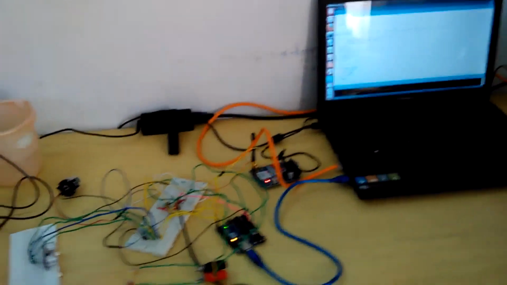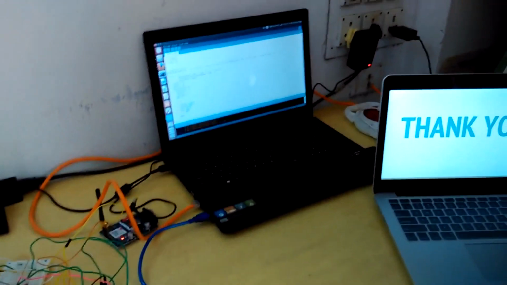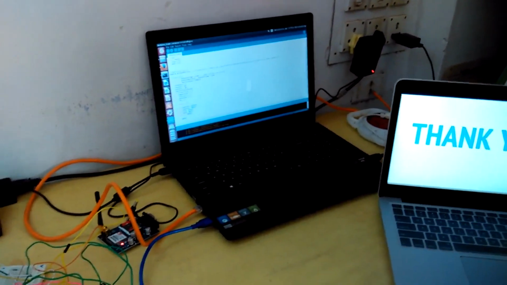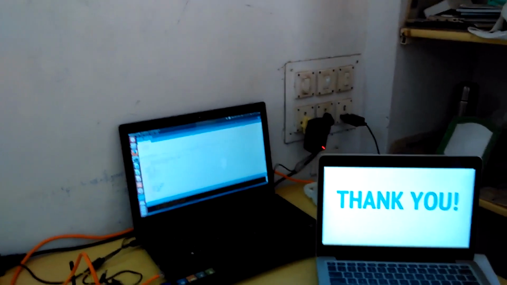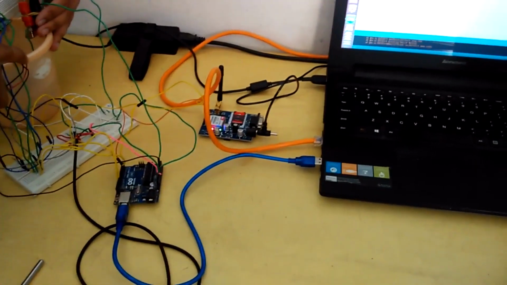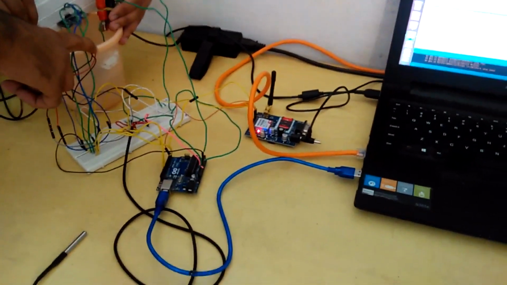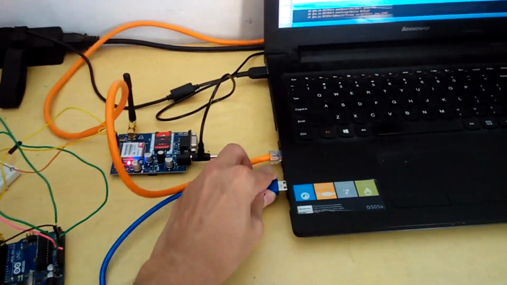Let me show you a brief demo of how all of these things are put together, and that we actually get an SMS which describes the readings we have got. We have set everything nicely, and the only thing remaining is to give power to the Arduino, and hopefully all the readings will be taken correctly and the message will be sent. So let's power this up and wait for it.